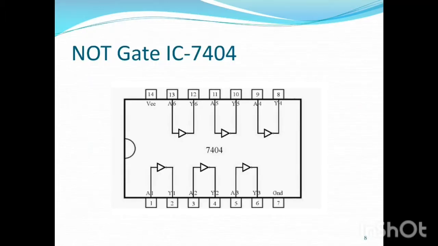In a NOT gate, IC 7404 is used as an inverter IC, available in the market. IC 7404 is the inverter IC, and it consists of 14 pins, and in one IC there are altogether 6 inverters present.